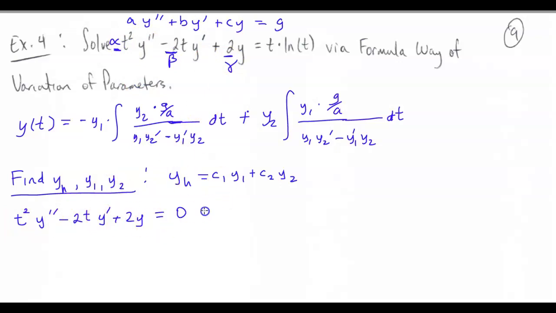Okay, so from here, we know that we have this corresponding characteristic equation, which will be alpha r squared plus beta minus alpha r plus gamma, which is equal to 0. And of course, our gamma in this case is going to be 2. Let me make that look a little better before we move on.